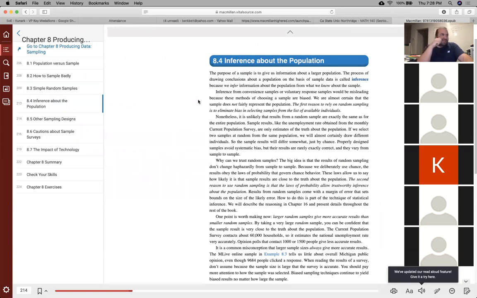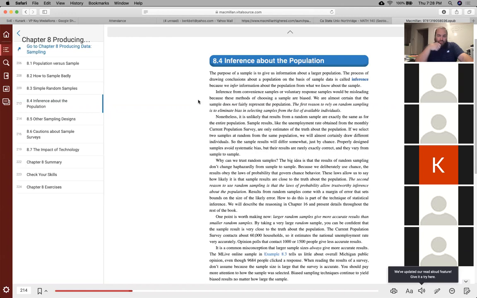My sample said that 70% of the population is going to do this. Can I conclude that 70% of the population actually will do that? Can I infer from my sample to the population?